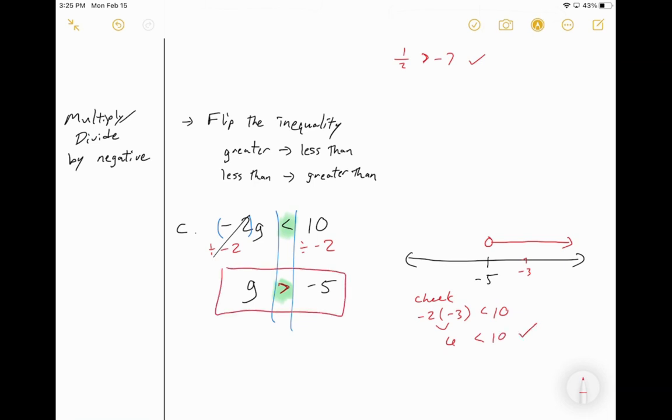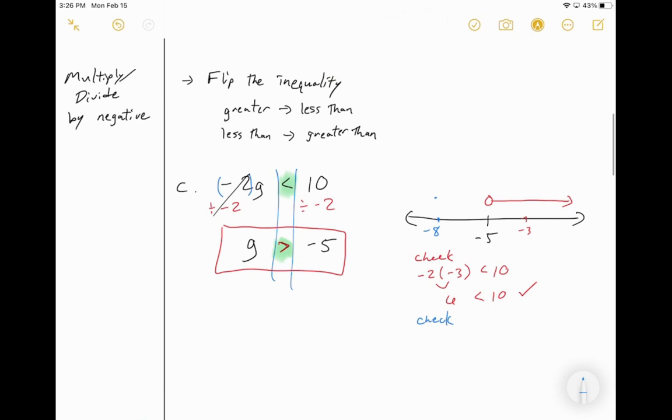This is our answer. Notice, if we tried a number that is less than negative 5, like if we did not flip the inequality, let me give you a real quick example. Let's say we tried a number over here, like negative 8. This should not be a point. Negative 8 should not work, so let's check it.